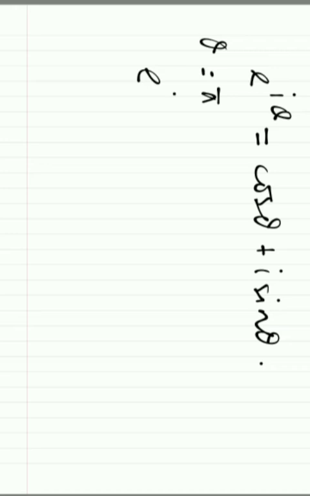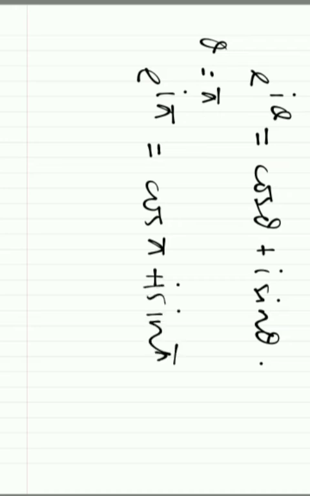We will get e to the power i pi is equal to cos pi plus i sin pi. Now we know that sin pi is 0 and cos pi is minus 1. So we are getting e to the power i pi is equal to minus 1. From this we can say e to the power i pi plus 1 is equal to 0.